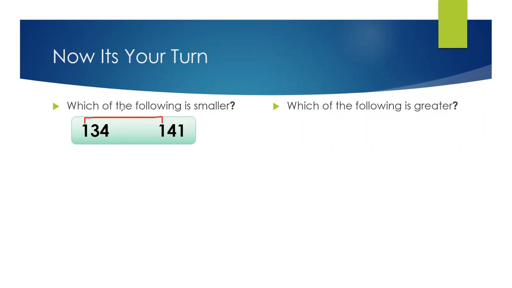They are the same. Now compare 3 with 4. 3 and 4 are different. It means we can say that 3 is less than 4. And if 3 is less than 4, then certainly 134 is less than 141.